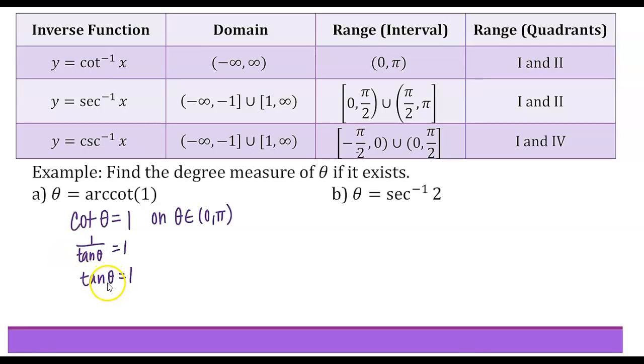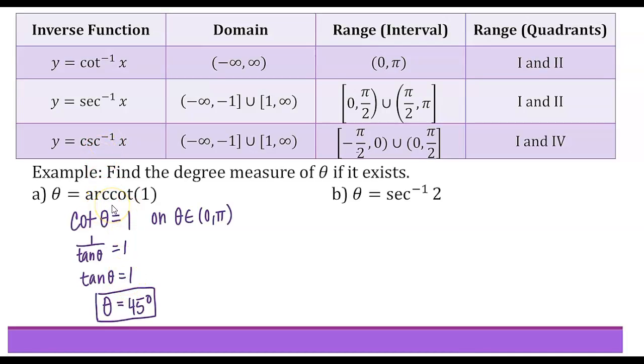So what do I have to plug into tangent to get out 1 between 0 and pi, or in quadrants 1 and 2? It has to be quadrant 1, and it has to be an angle of pi over 4. But we are thinking in degree measures, so that's 45 degrees. So theta is 45 degrees.